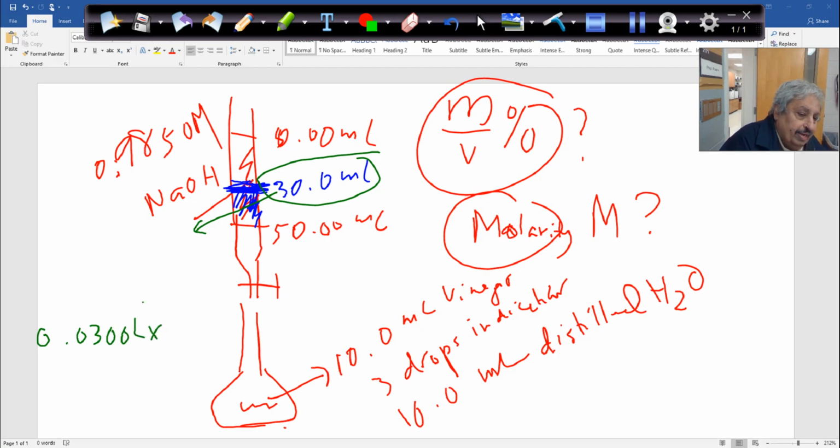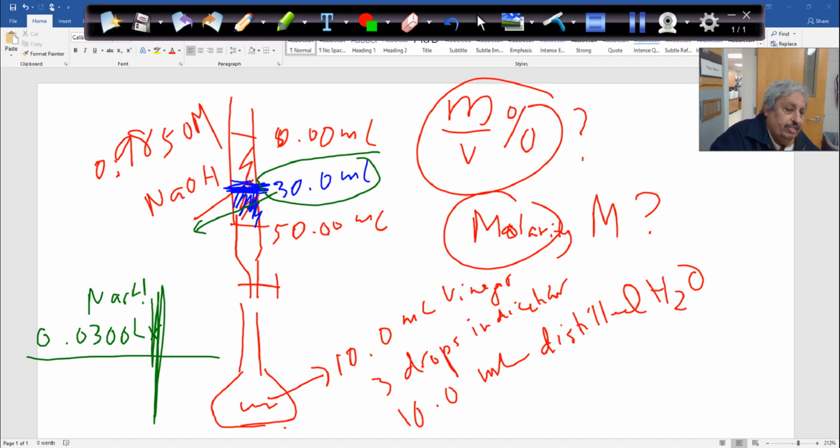Then you multiply it, or just make a line here. That's 0.0300 liter of sodium hydroxide, multiplied by the concentration of sodium hydroxide, correct? Which is 0.9850 mole per liter.